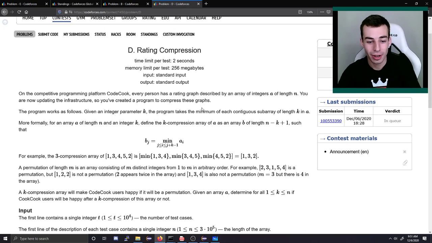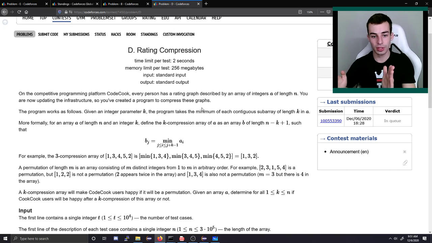You have an array, and for each value from 1 to n, you're going to take every subsequence of that size in a row, and see if that makes a permutation. As an example, the array 1, 3, 4, 5, 2: if you take arrays of size 3, the first array will be 1, 3, 4.